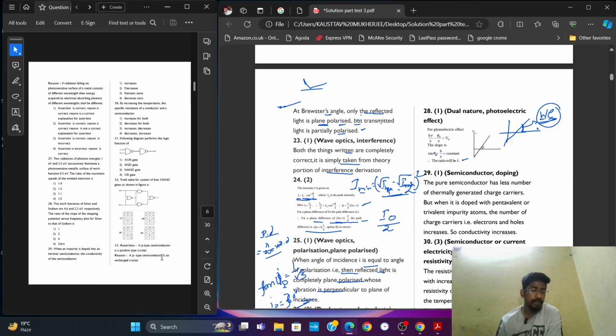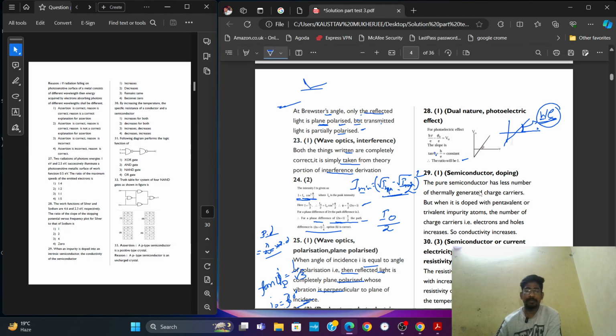When an impurity is doped into an intrinsic semiconductor, the conductivity of the semiconductor... Okay, first of all, what is an intrinsic semiconductor, and how is it doped? When the semiconductor is doped, the number of charge carriers, electrons or holes, increases.